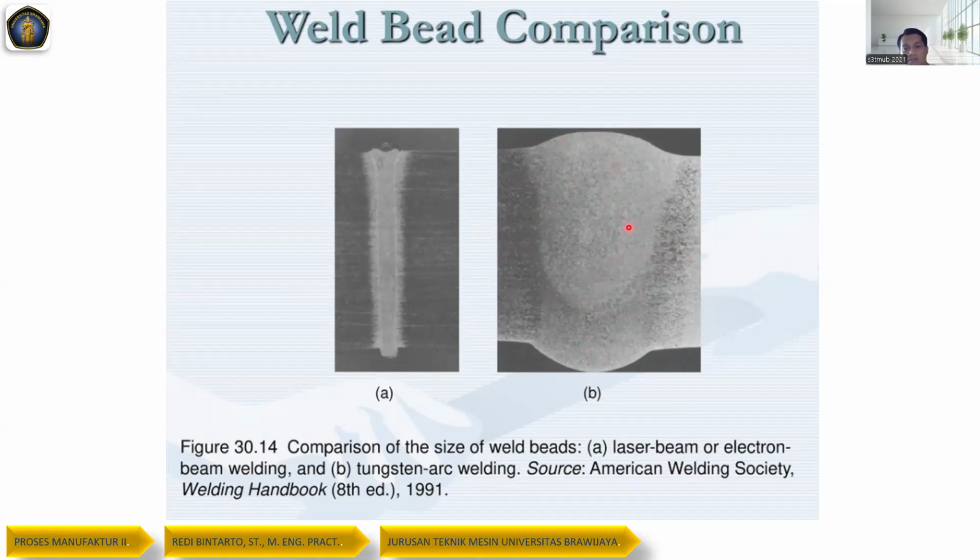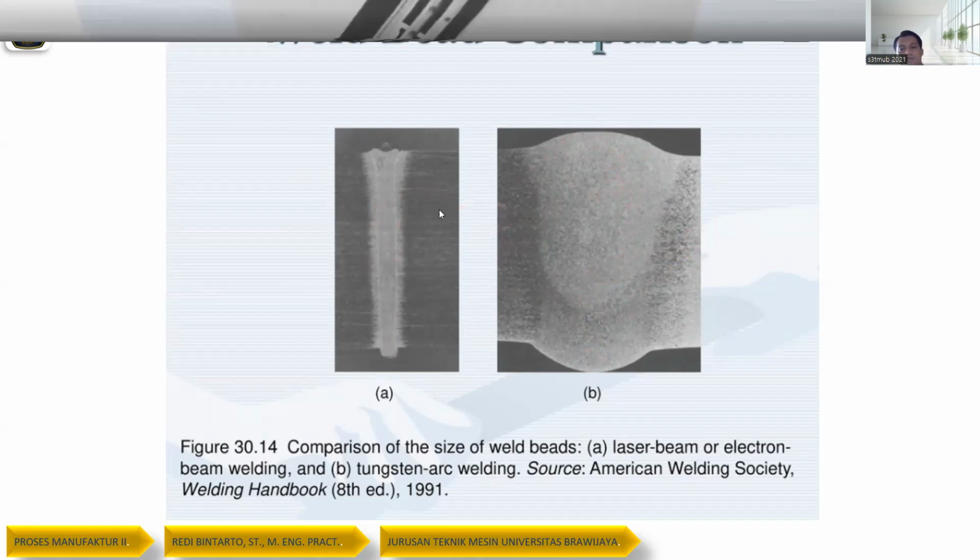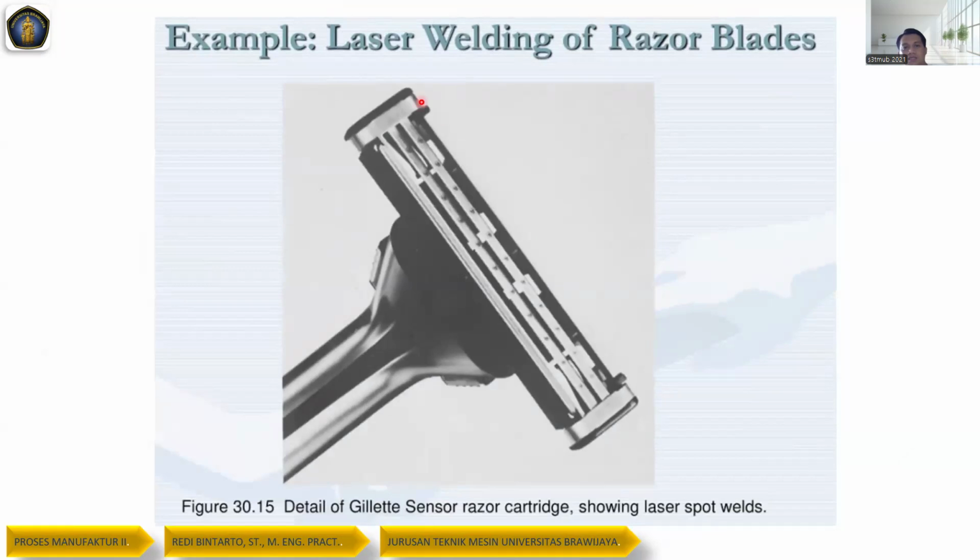Maybe on the right is the best, or maybe on the left is the best. This is an example of laser welding on a razor blade here.